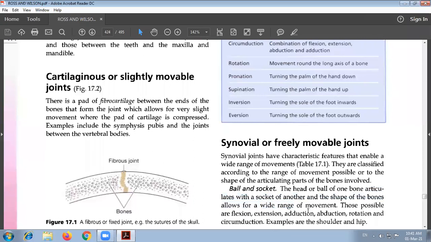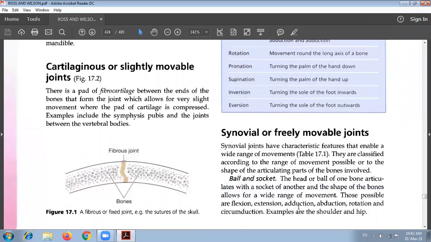Due to this joint, free movement is allowed. The possible movements are flexion, extension, abduction, adduction, rotation, and circumduction. All these movements are allowed at the ball and socket type of synovial joint.